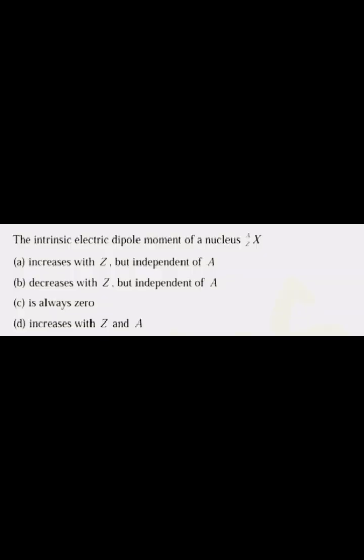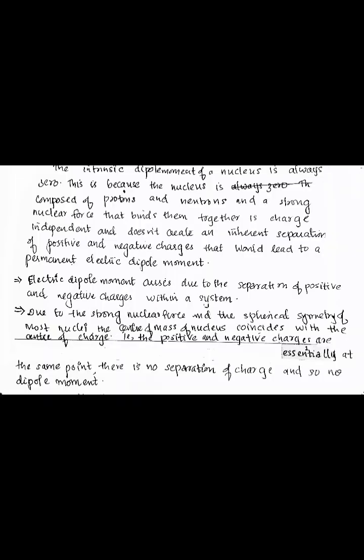The next question is, the intrinsic electric dipole moment of a nucleus ZX^A is dash. We know that the intrinsic dipole moment of a nucleus is always zero. This is because the nucleus is composed of neutrons and protons, and the strong nuclear force that binds them together is charge independent, and it doesn't create an inherent separation of positive and negative charges that would lead to a permanent dipole moment.